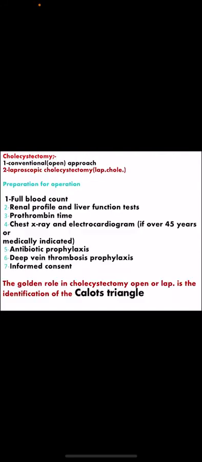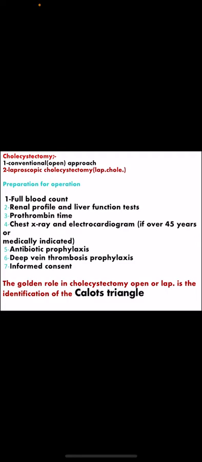Cholecystectomy. Type of the cholecystectomy. We have either the conventional open approach or laparoscopic cholecystectomy. We call it lap chole. مختصر معناته lap chole mean laparoscopic cholecystectomy. How do we prepare the patient for surgery?